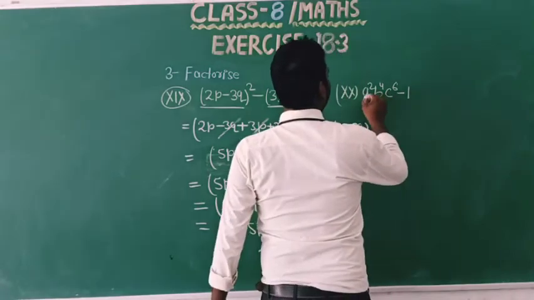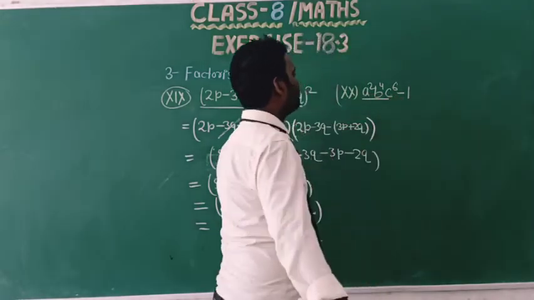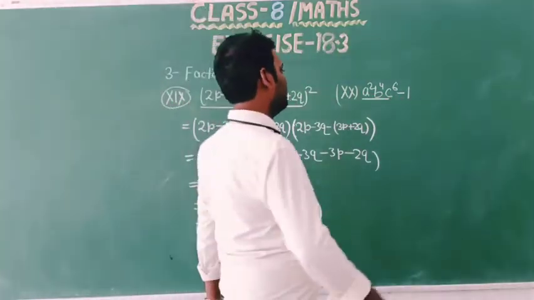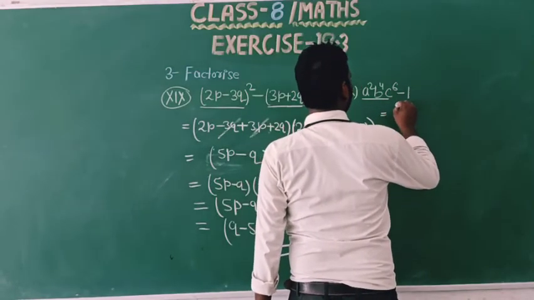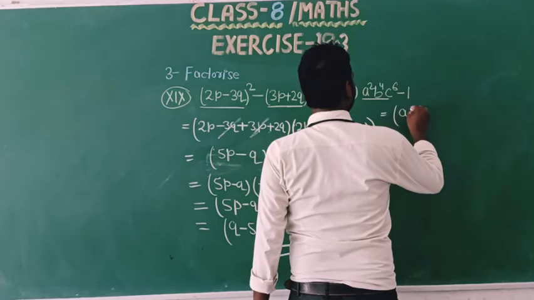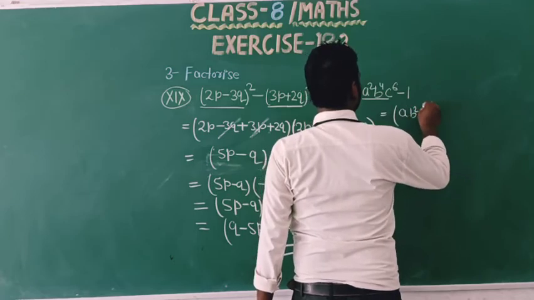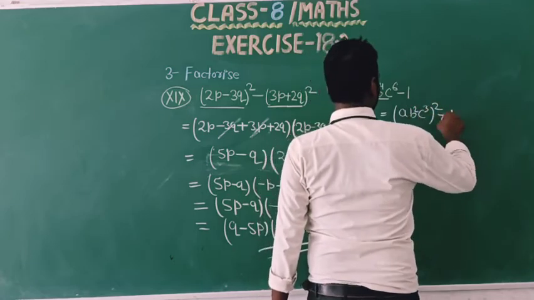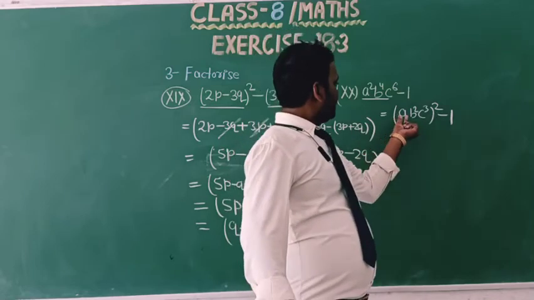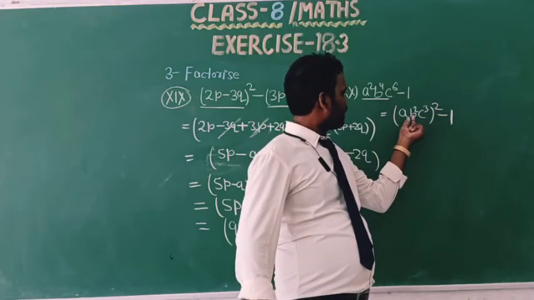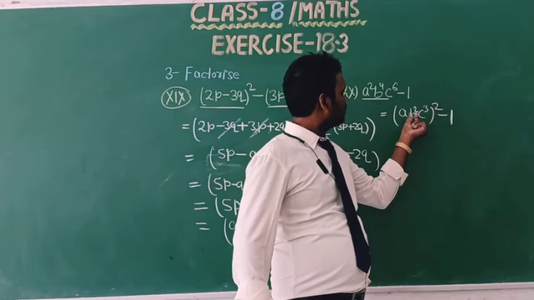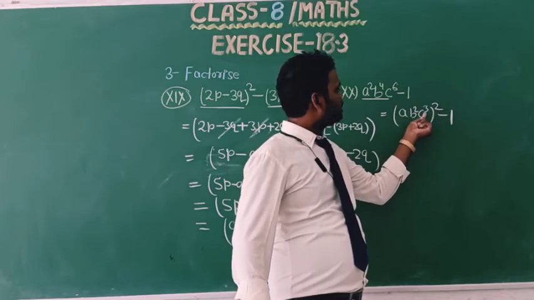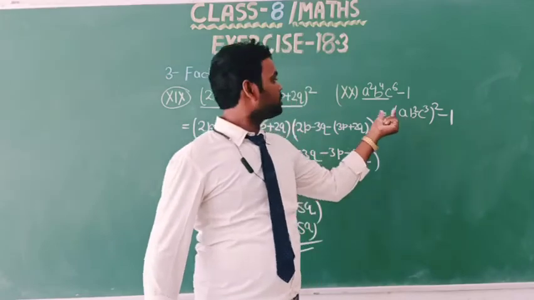This is a square b to the power 4 c to the power 6 minus 1. So dear children, this is written in this form: (a b square c to the power 3) square minus 1. Okay, a square, b to the power 2 times 2 becomes 4 again, and c to the power 3 times 2 again becomes 6.